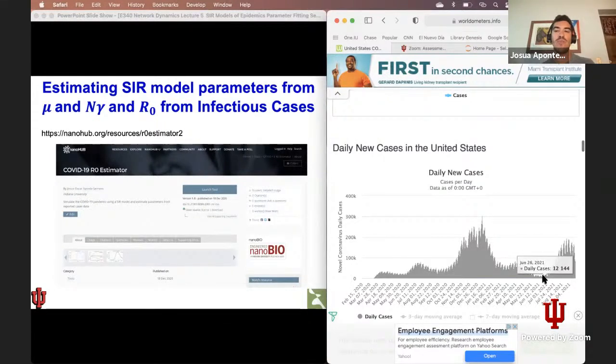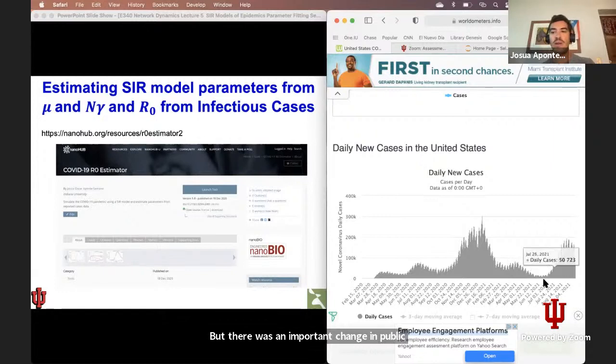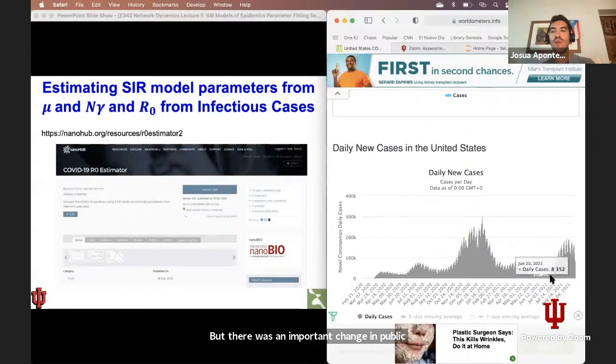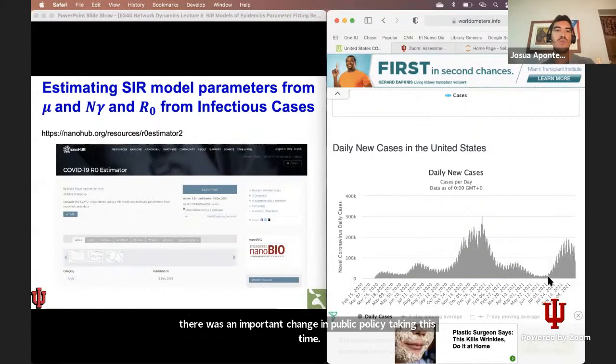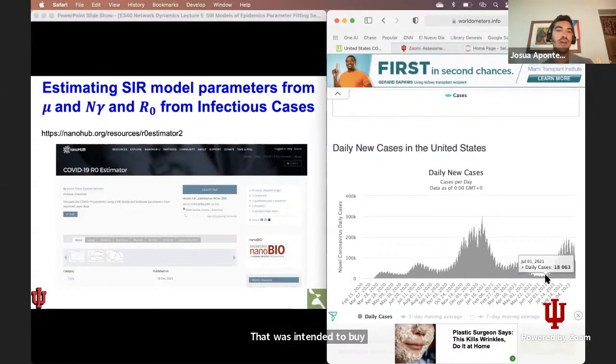The current wave is mostly due to the fact that the Delta variant is much more transmissible than the previous variants of SARS-CoV-2. But there was an important change in public policy around this time. Well, they were encouraging vaccination. That's when the peak of the vaccination efforts started.